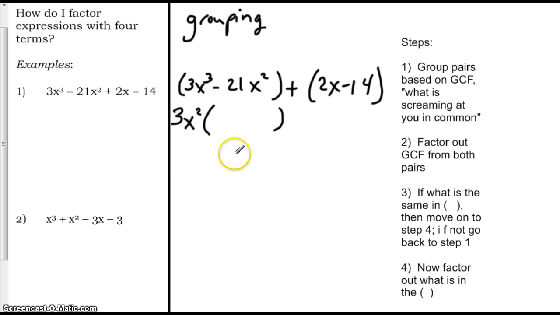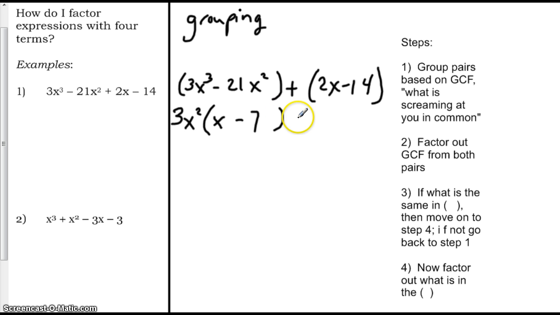It means divide the 3x squared out from each item. So 3x cubed divided by 3x squared would be x. And negative 21x squared divided by 3x squared would be negative 7. Always before you go on, you multiply to check.